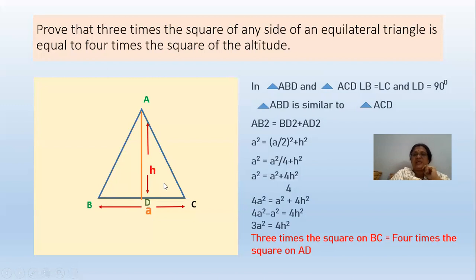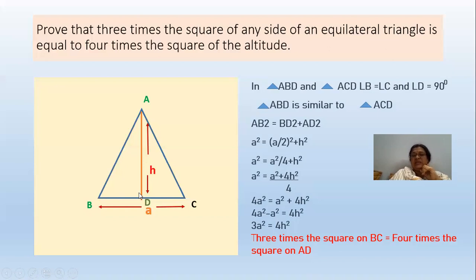So when you look at this diagram, you can say that angle B will be equal to angle C. Why are these two angles equal? It is already given in the question that this is an equilateral triangle, which means all angles will be equal and all angles will be equal to 60 degrees. So therefore angle B will be equal to angle C.